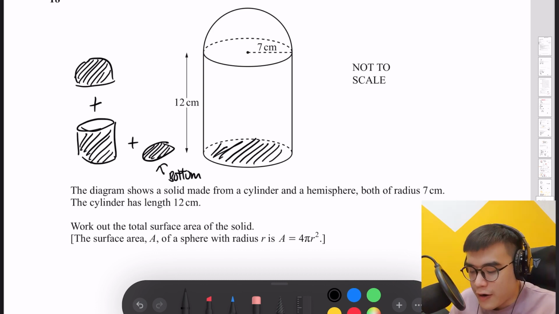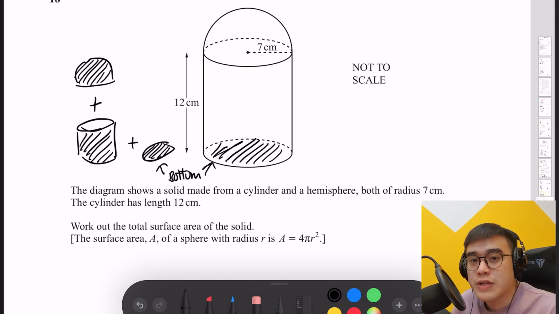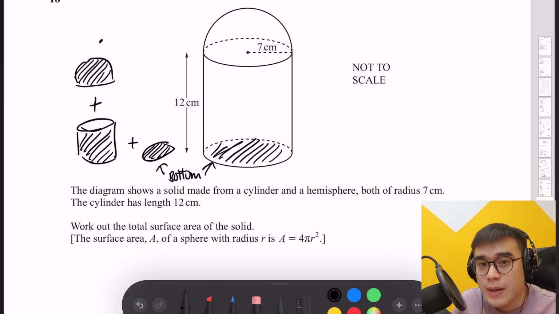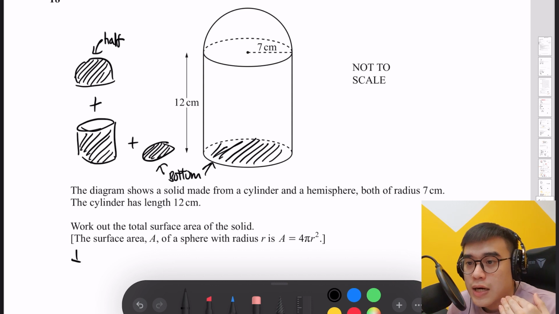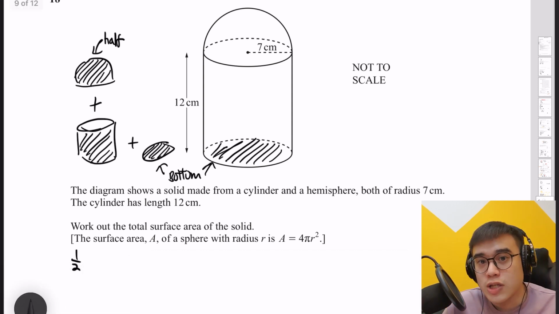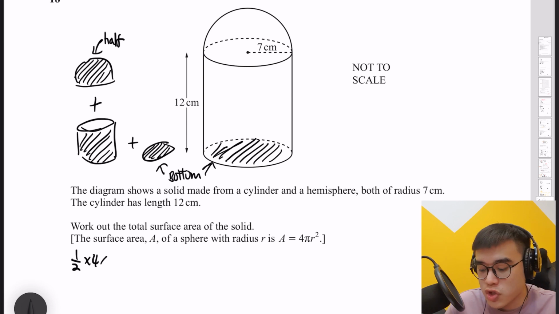So for the sphere part, please remember the formula given for us is for the entire sphere, but what we are using as the top is the hemisphere only. So I have to multiply 1 over 2 into it.